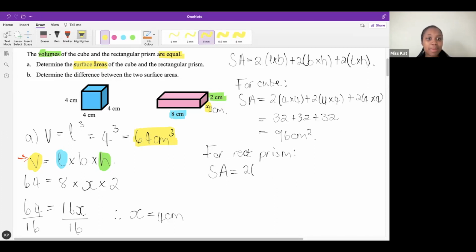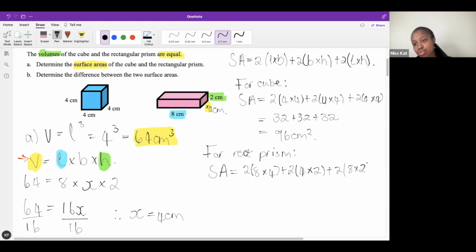So we're doing number A. What is my length for the rectangular prism? 8 times my breadth is, thank you. What is my breadth? 4. Okay. Plus 2 times 4 times height. Thank you, AD, is 2 plus 2 times 8 times 2.